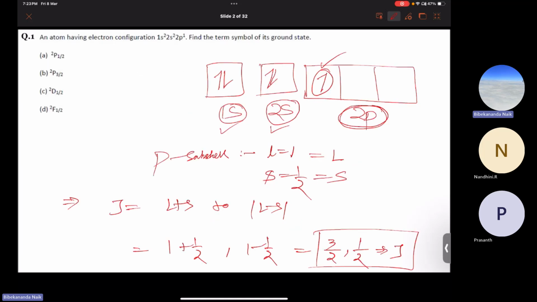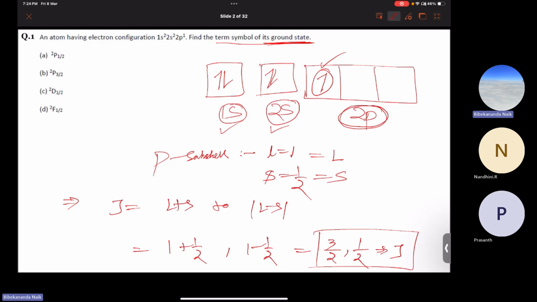But the question says find the term symbol of its ground state. So if we talk about the ground state, we know the spectroscopic terms or the energy levels come out of the coupling between the spin and orbital angular momentum. And these levels are arranged in increasing order of their energies according to Hund's rule. And if we talk about Hund's rule, there are different rules according to which the levels are arranged.